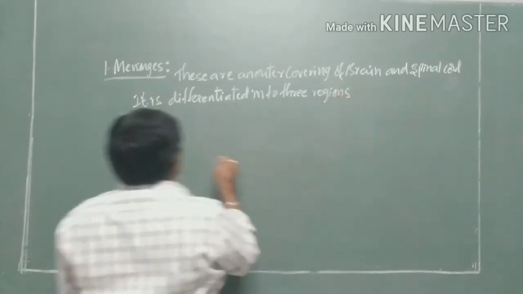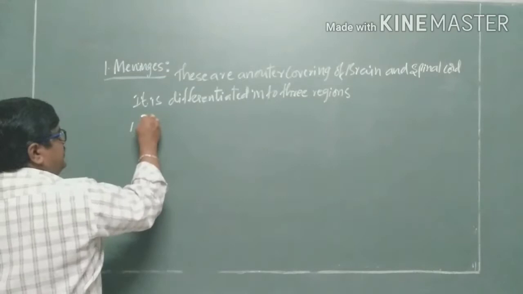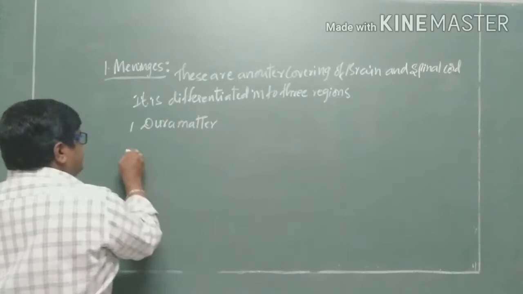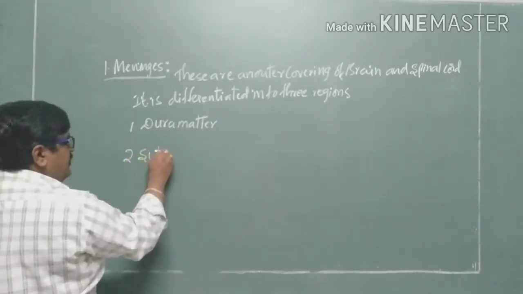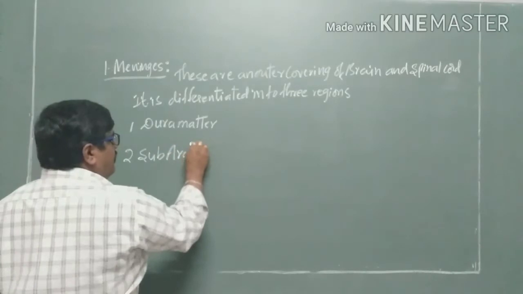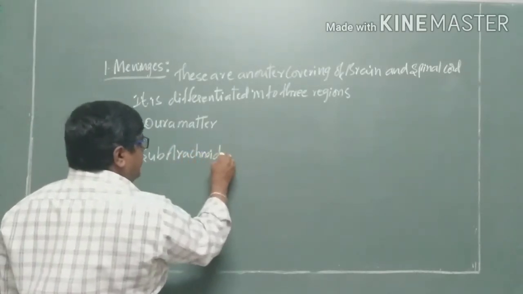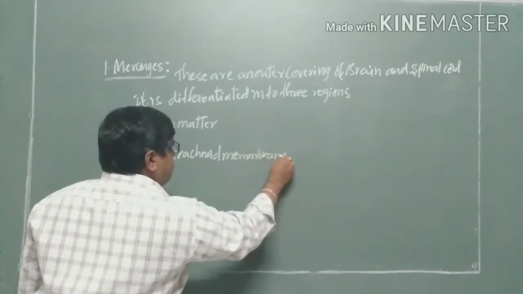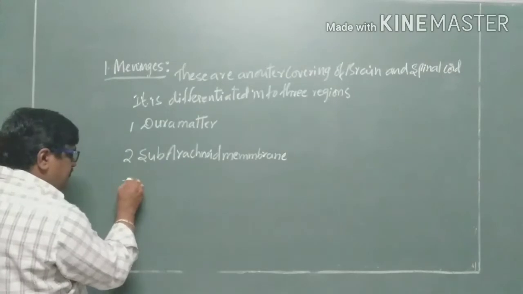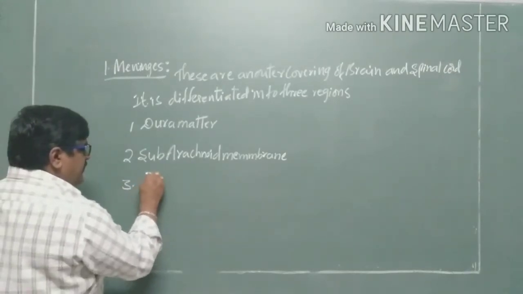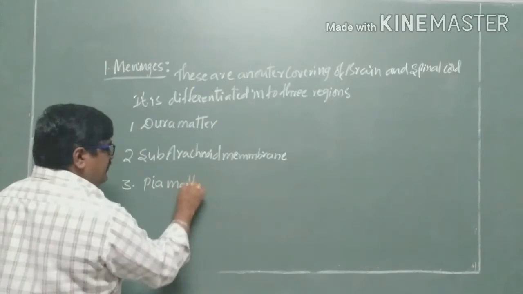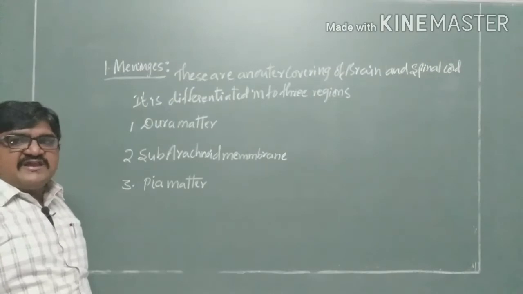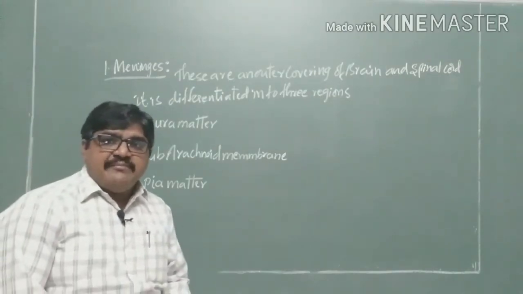The first one is called the dura mater, the second one is called the subarachnoid membrane, and the third one is called the pia mater. These are the three regions which differentiate the meninges.